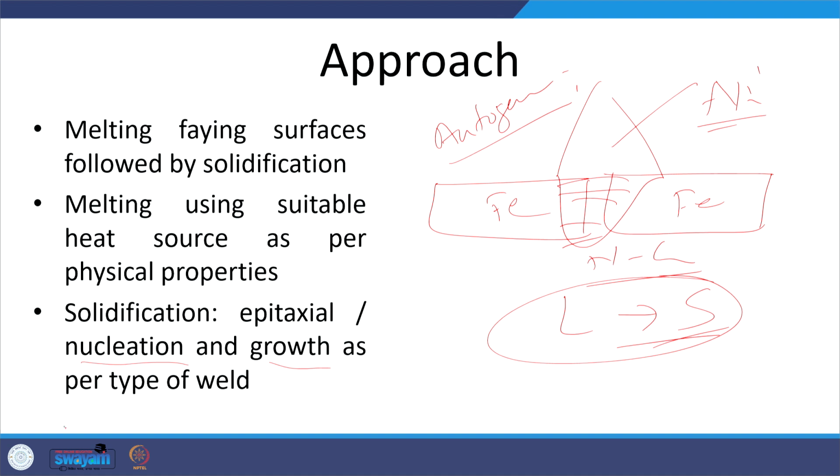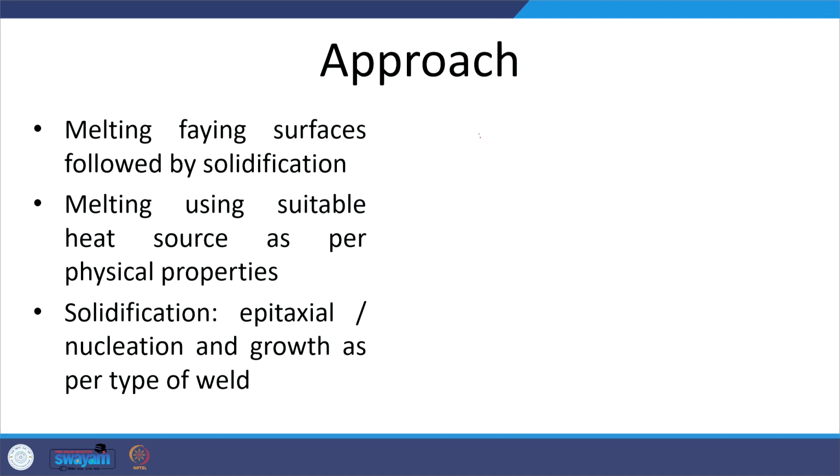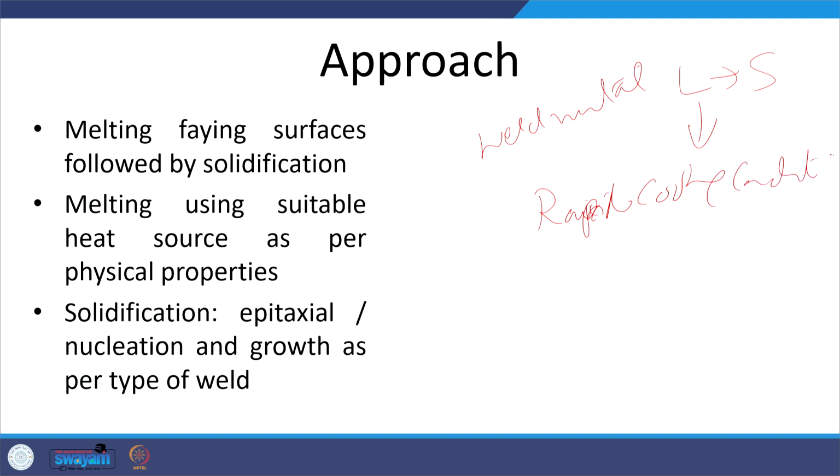Okay. Now, another interesting and important thing is that mostly the weld metal produced after the liquid to solid transformation occurs under very rapid cooling conditions. So, the rate of solidification is very high. In the case of a TIG weld, for example, it can be less than 1 second also.